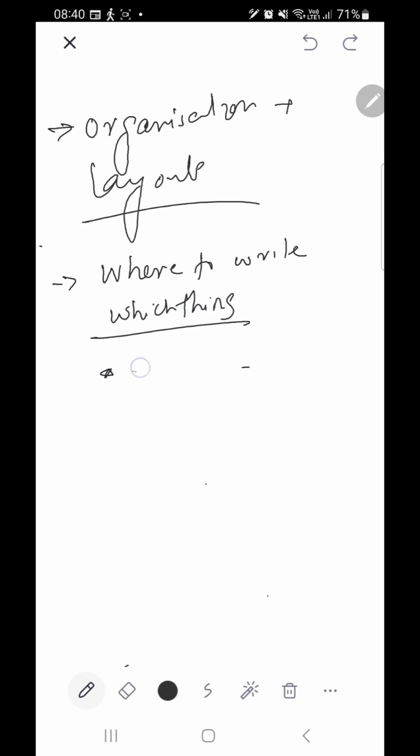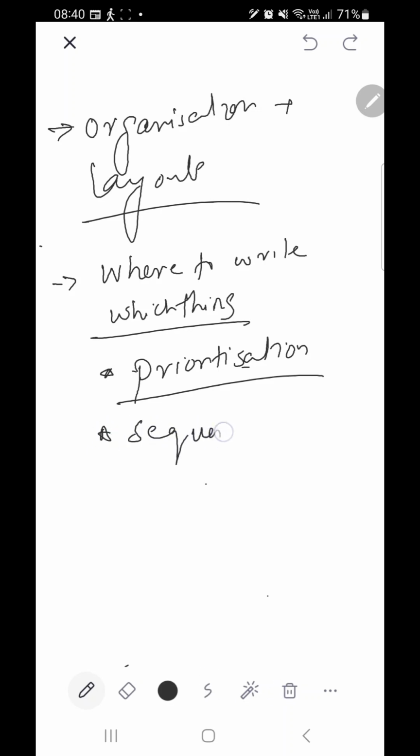Or I would say it's the prioritization of the case, or the sequencing of the information. Like, how would you sequence?